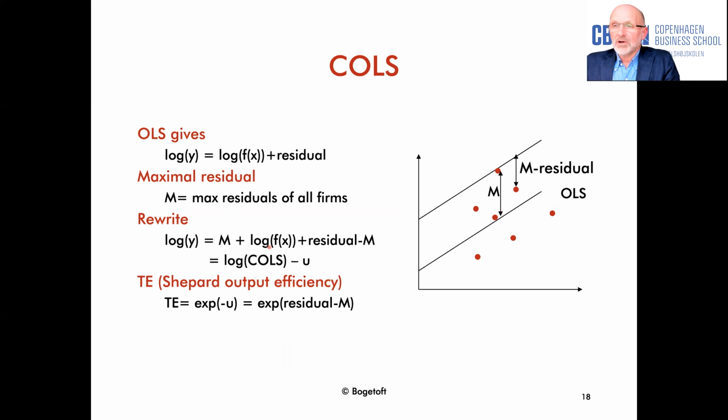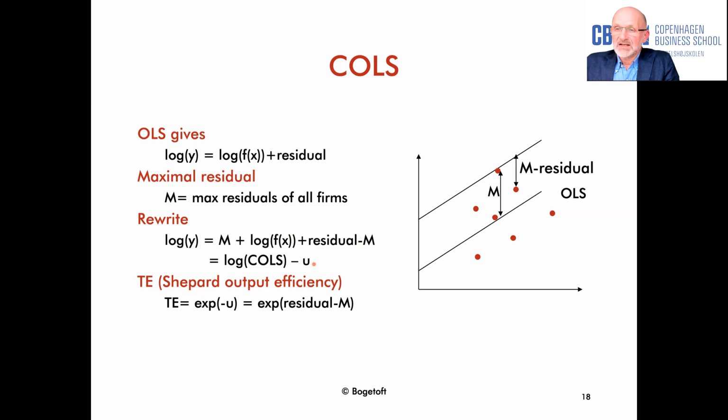But for this to work, in reality we also have a residual. Because you're adding M, you should also subtract it, to make log y equal to the right-hand side. So you can take this part, which will be the log of the OLS, and what you have left is the residual minus this maximum distance, which is now also the inefficiency term.